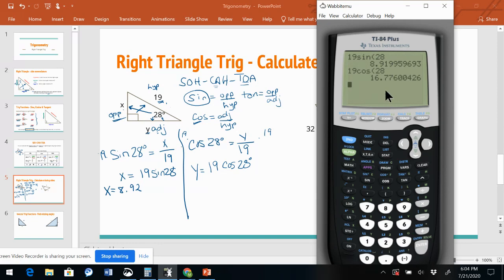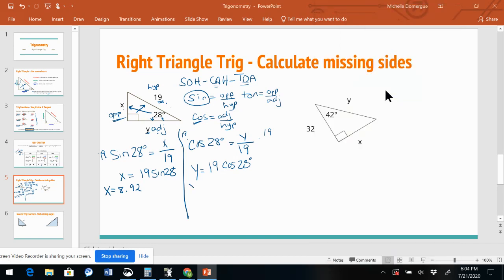And I get 16.77. So my y side is equal to 16.78 if I round. So y equals 16.78. Okay, so those are the two sides of my right triangle, the two legs of my right triangle. Since this is a right triangle, we can also use Pythagorean theorem to calculate the sides.